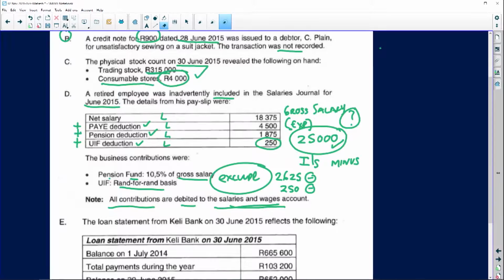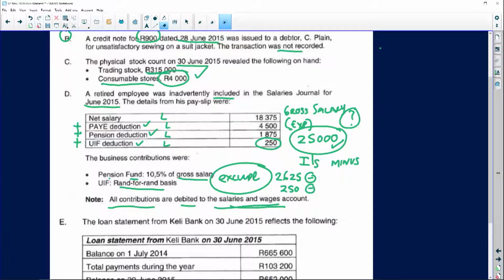Before I continue with the next adjustment, I just want to quickly go back to the salary and wages adjustment. Now obviously we're doing an income statement. We made the necessary adjustments already in the income statement. But remember, if you were also doing the balance sheet note, trade and other payables, and I'm doing this guys because it's important.